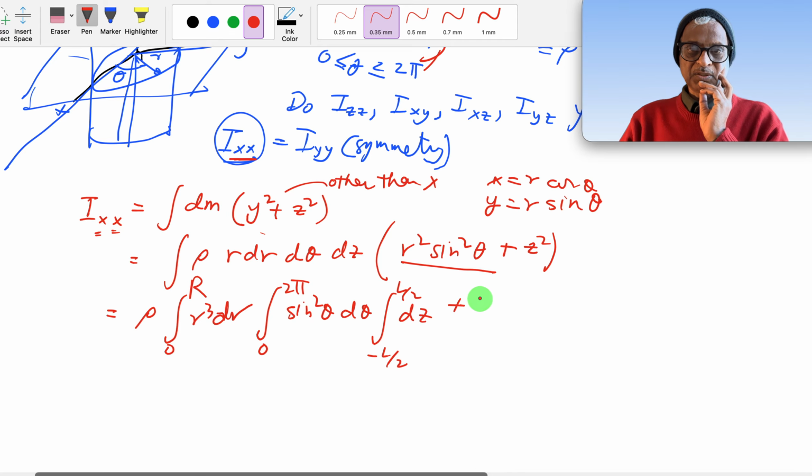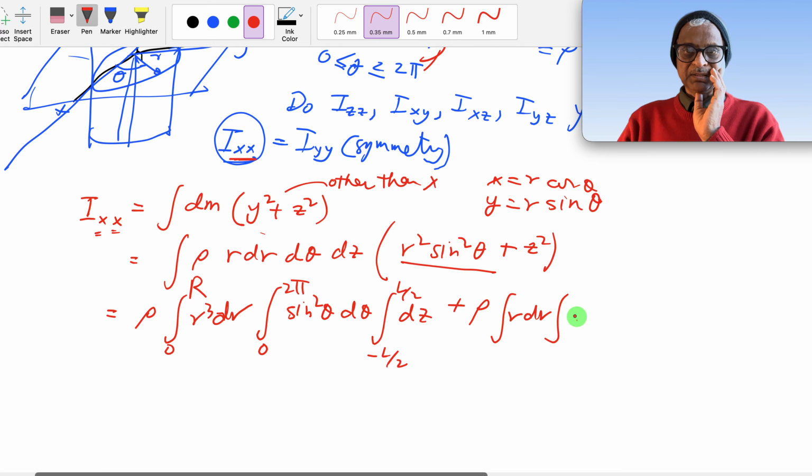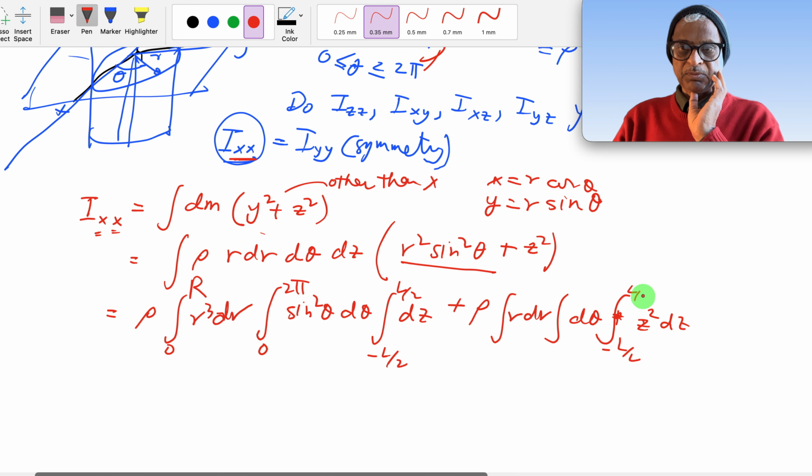And the next part is going to be rho, but this r is just r dr. D theta is just d theta. And then the z part is z squared dz, and this is minus L over 2 to L over 2, 0 to 2 pi, 0 to r.